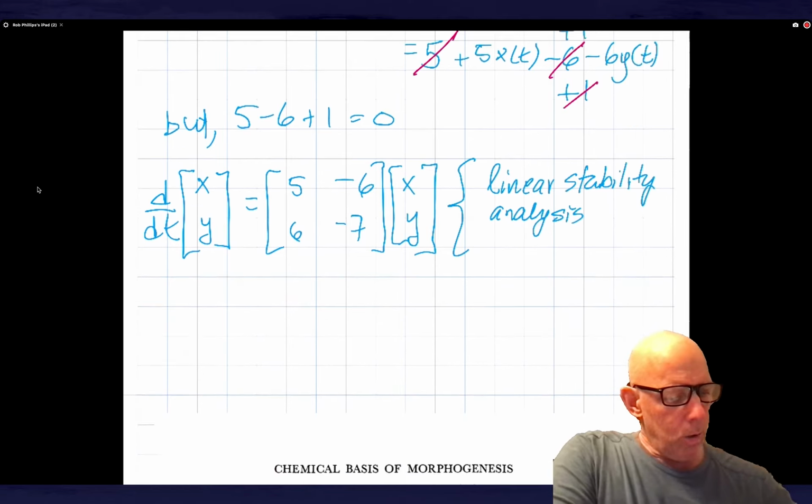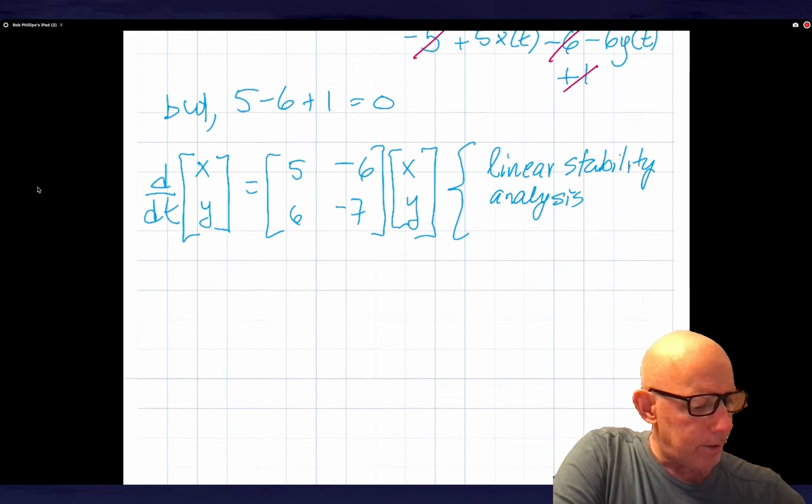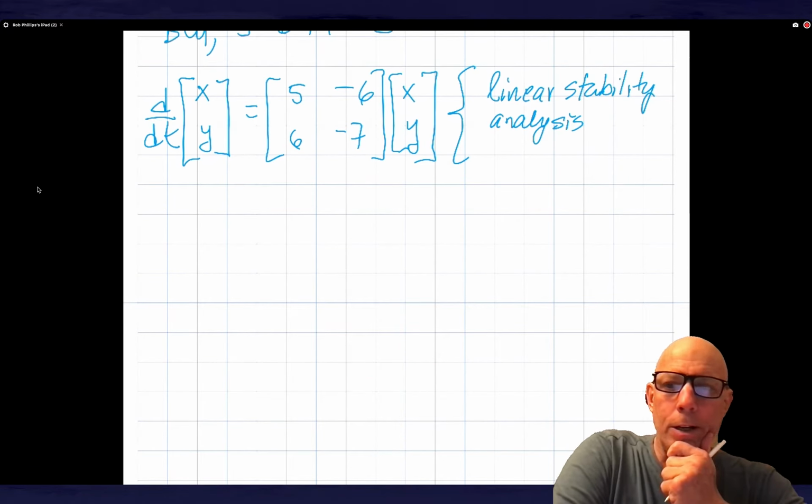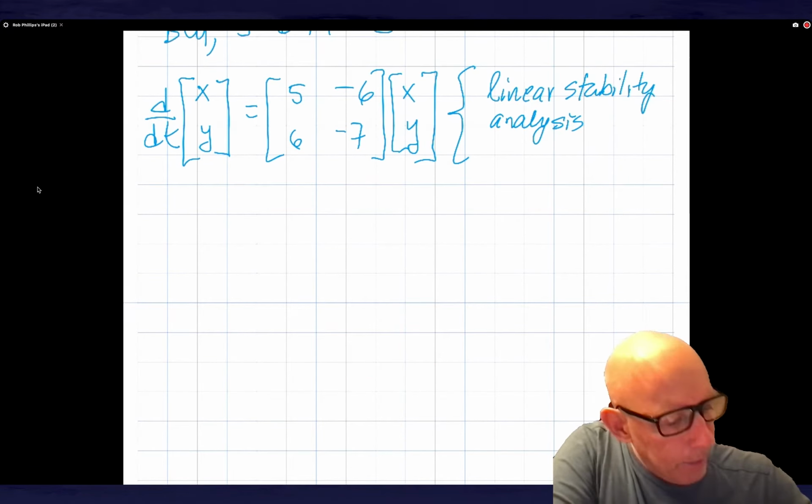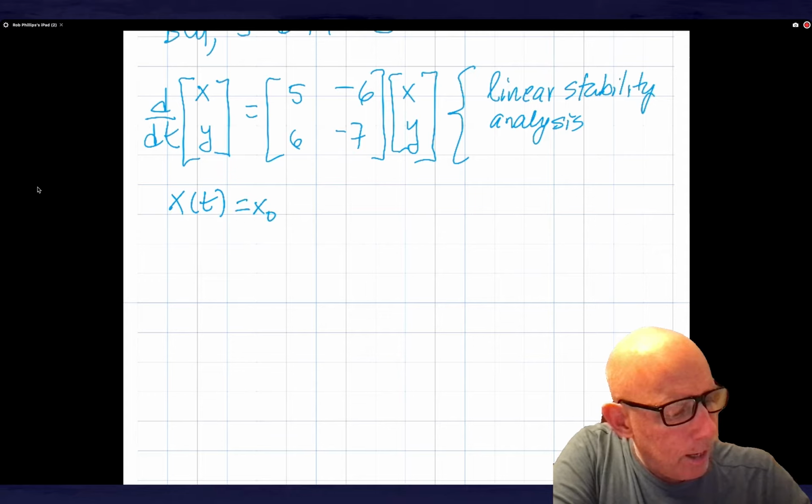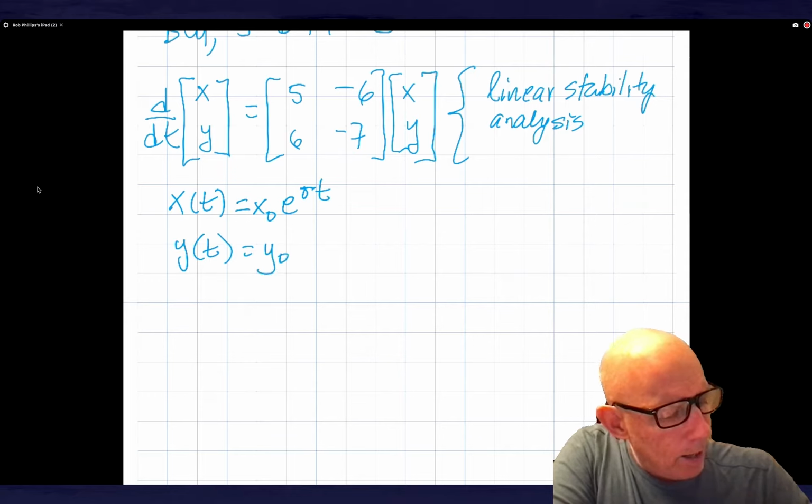So, how do we handle a problem like this? The answer is just like what we did in our earlier analysis of the mutual repression switch, and that is that we assert that x of t is equal to x naught e to the sigma t, y of t is equal to y naught e to the sigma t.